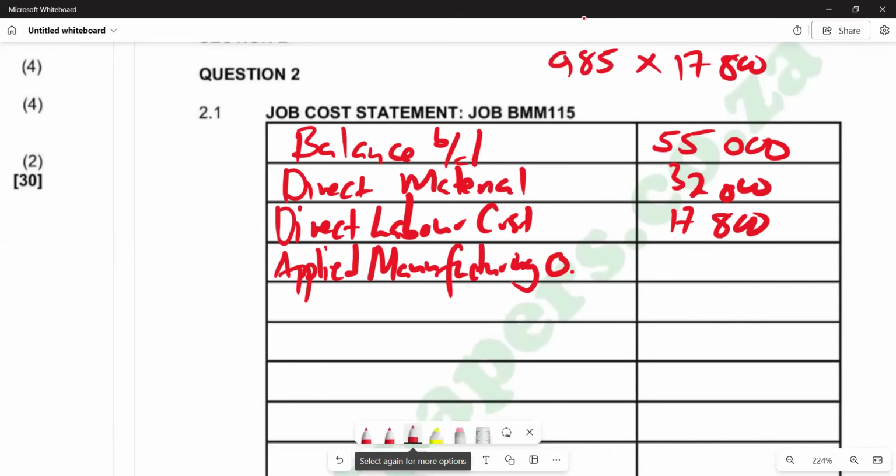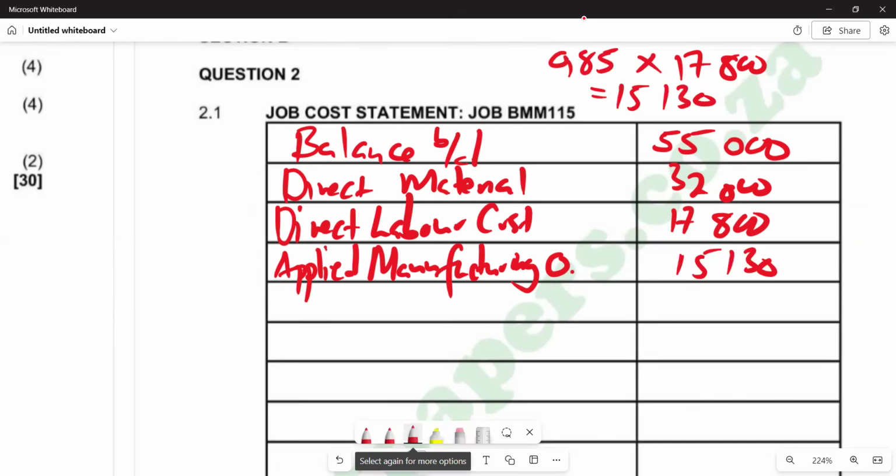So this is the figure that we have for applied overheads, 15,130.